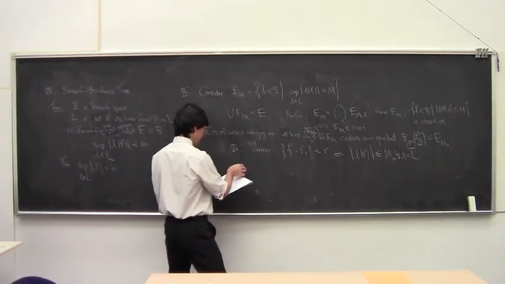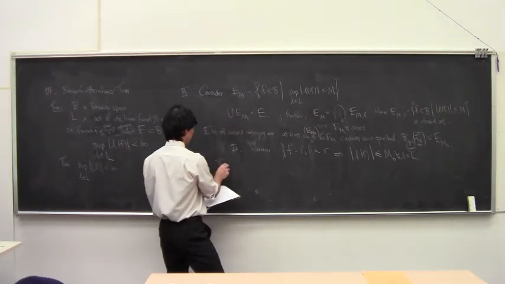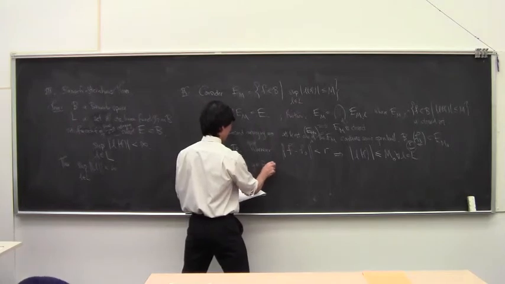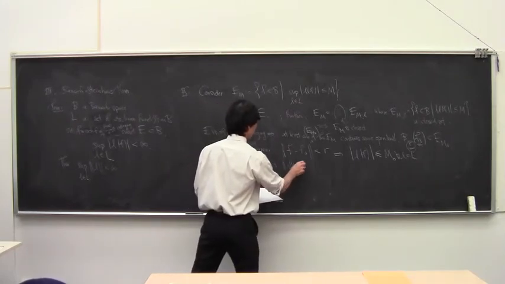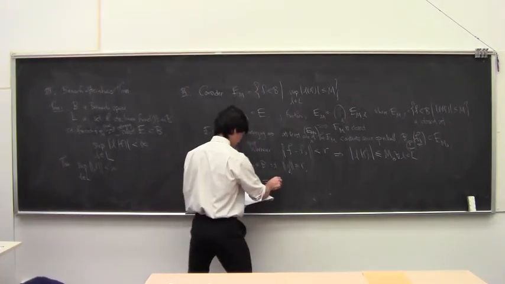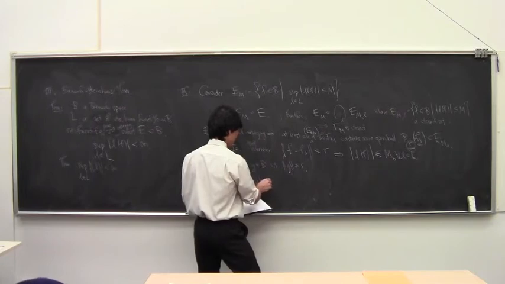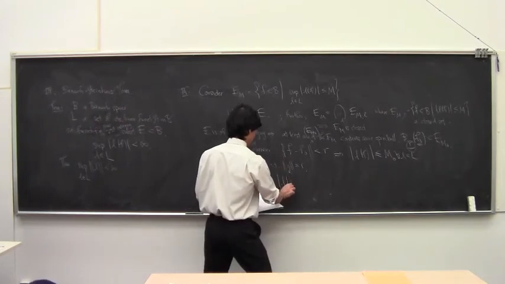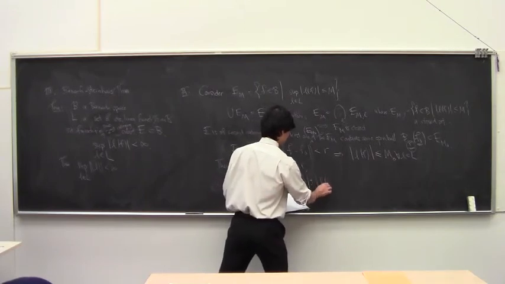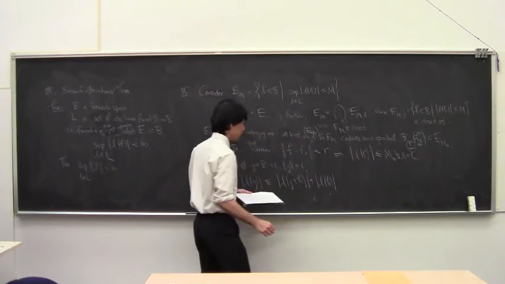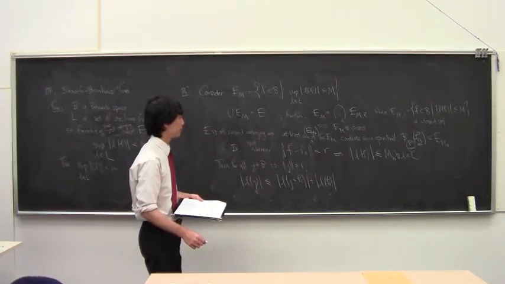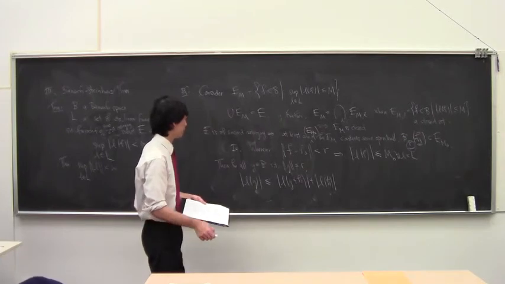But then, just by linearity, for any g in B of size less than r, if we look at L of g, that's going to be equal to L of (g plus f naught) minus L of f naught, by linearity.